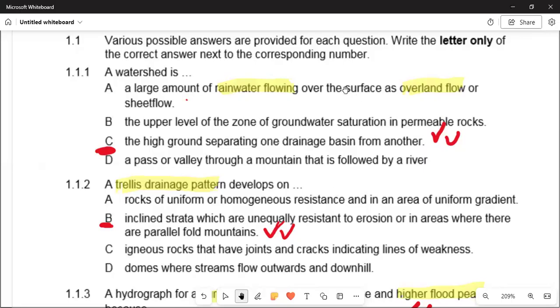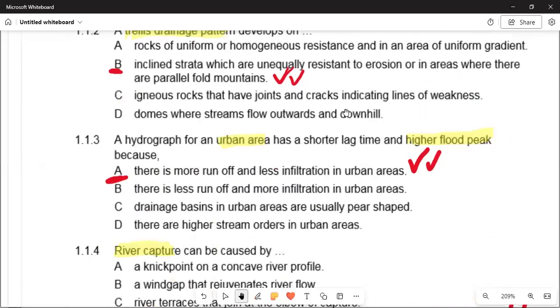Moving on to 1.1.3, a hydrograph for an urban area has a shorter lag time. The lag time is the time it takes for the river to peak. It also has a higher flood peak because there is more runoff, number A, and less infiltration in urban areas.